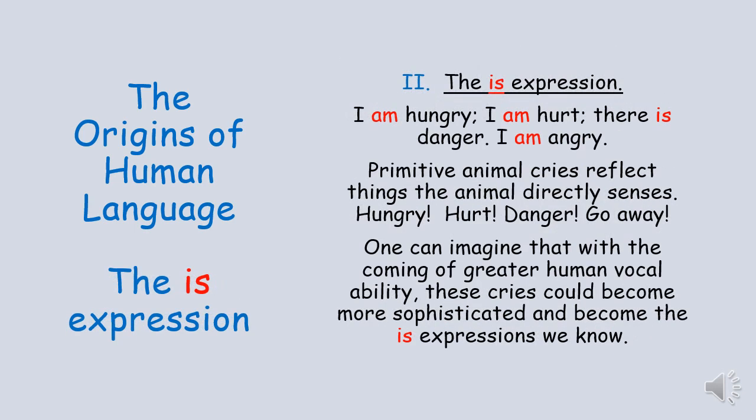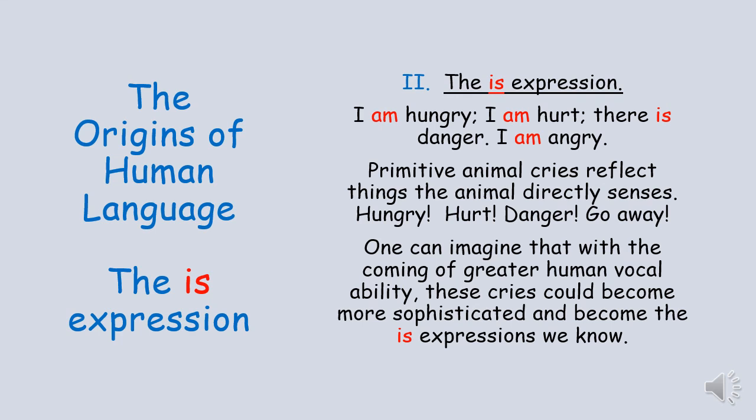I suggest the second foundation is the now familiar is expression, reflected in expressions such as I am hungry, I am hurt, there is danger, I am angry. If we think about it, primitive animal cries reflect these things.